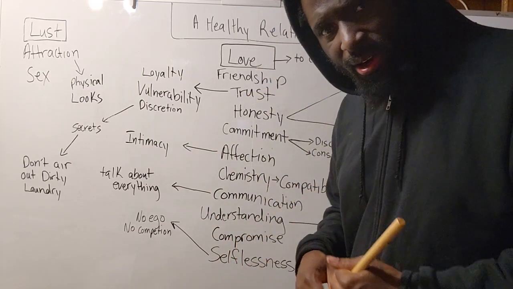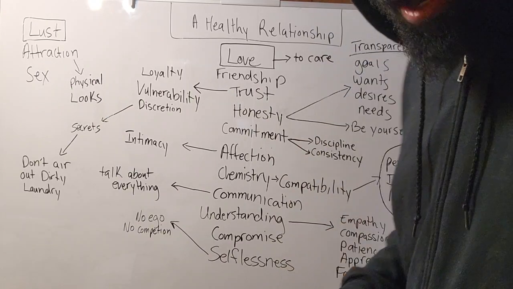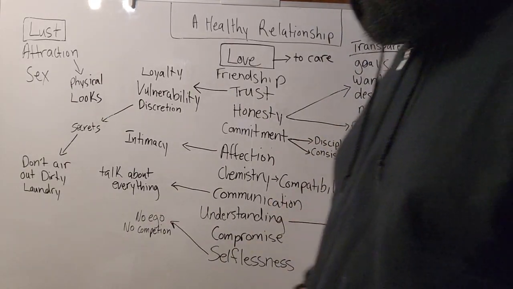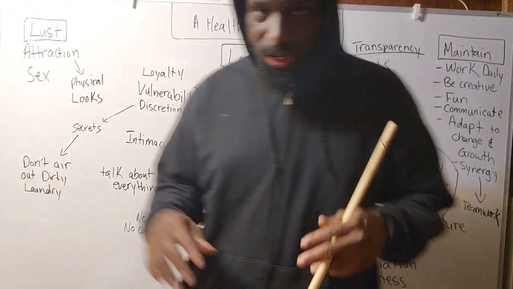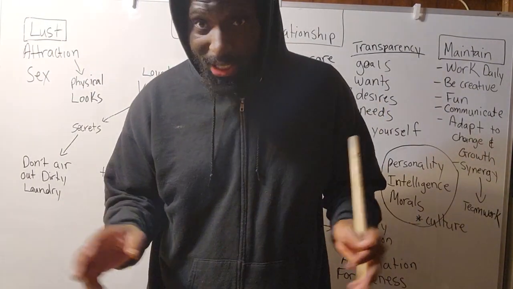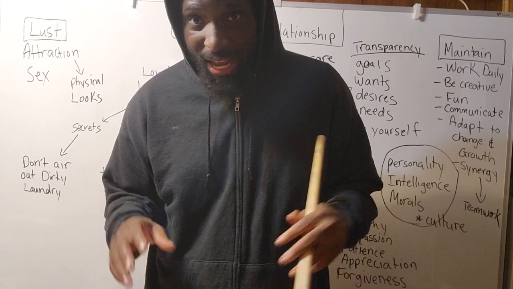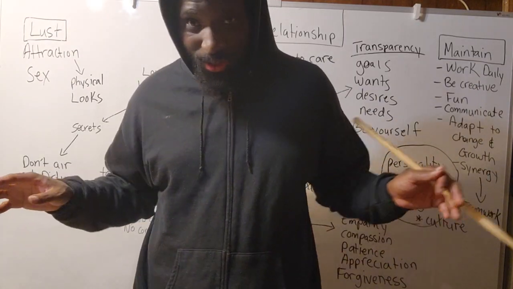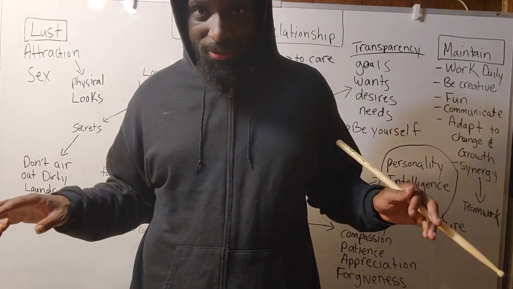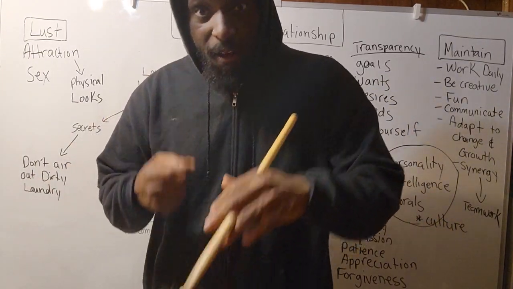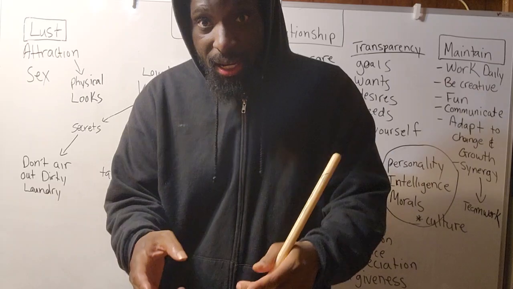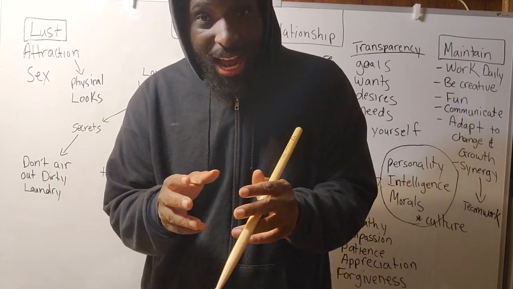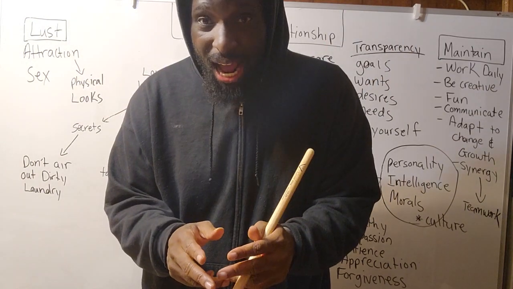Another part of honesty is being yourself. When you're in a relationship, that's not the time to play actor or actress. You have to be yourself. If you're a nerd, be a nerd. If you're a player, be a player. If you're a rich, arrogant asshole, then be a rich, arrogant asshole.